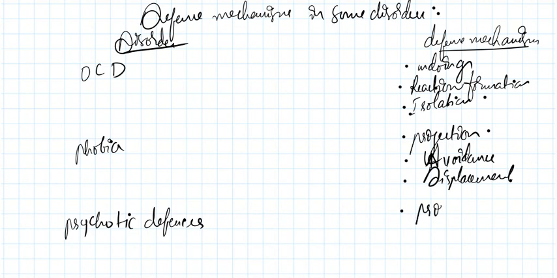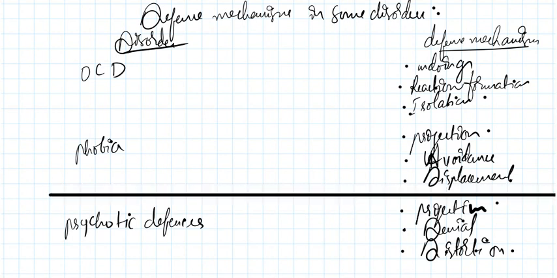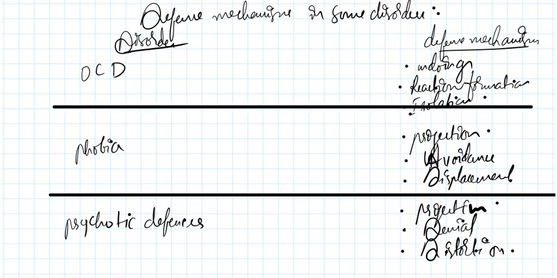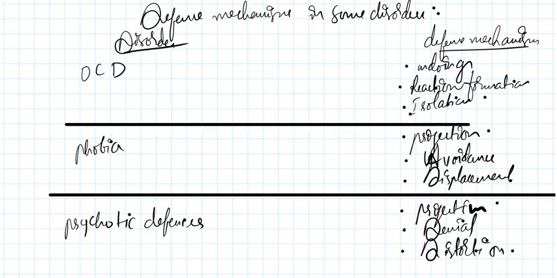Projection type of defense mechanism, or denial, a simple denial of the fact, or even distortion. The patient may also exhibit a distortion-like state, right? So remember these things, these are very, very important.